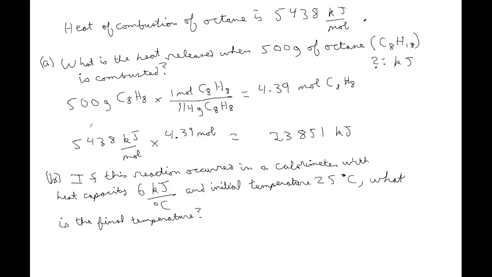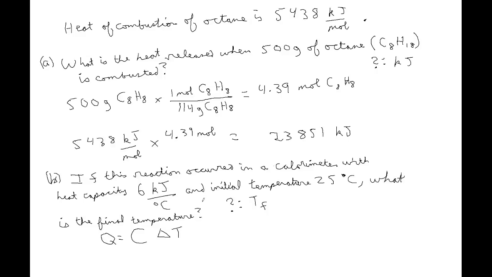Well, we know that we're looking for TF, the final temperature, and Q of the calorimeter is equal to capital C times delta T. And capital C in this case is actually in joules per degree Celsius, so 6 times 1,000 joules is equal to 6,000.